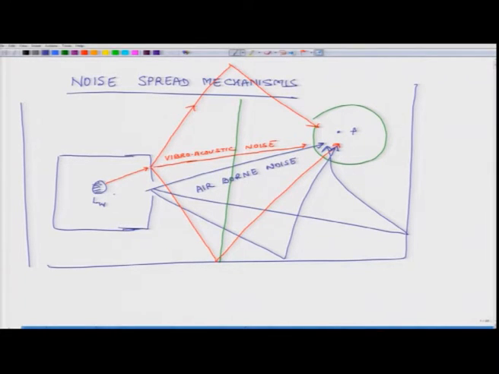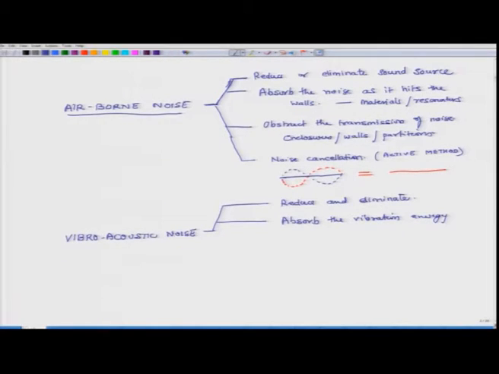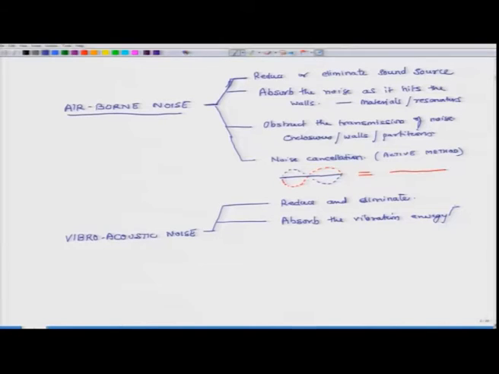Somehow I reduce the overall vibration level, by directing whatever energy is causing it to vibrate in some other way. Two broad methods are there. One is through damping.